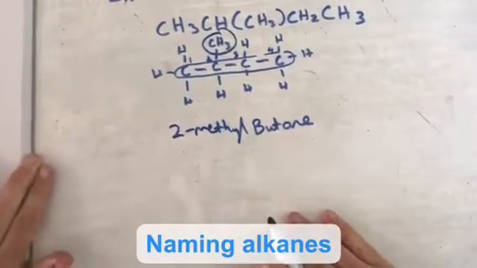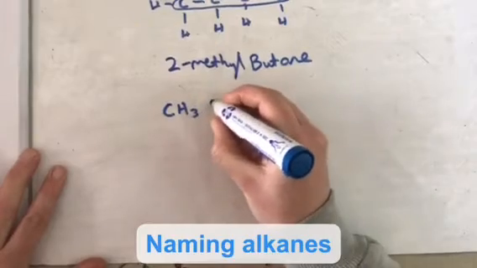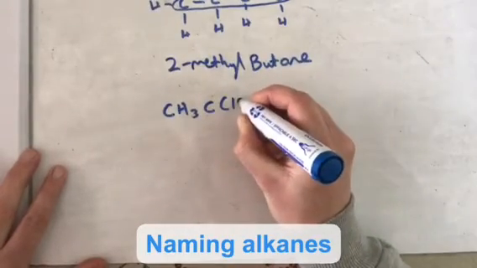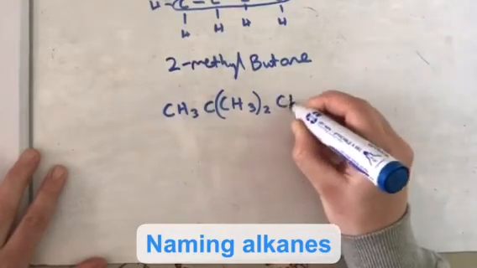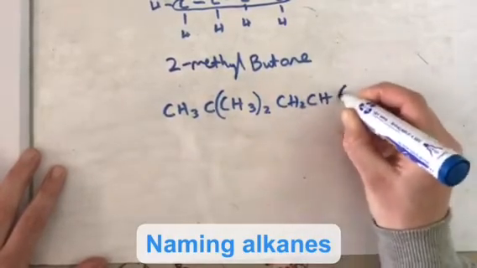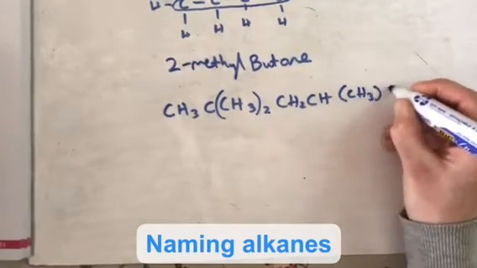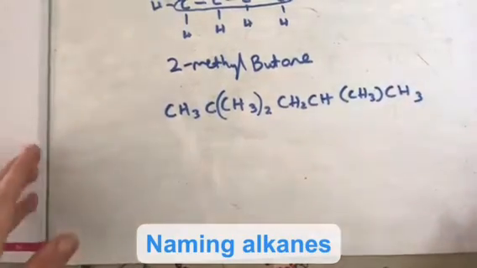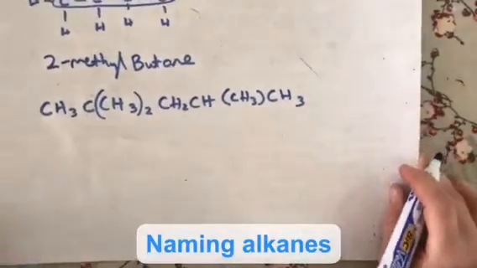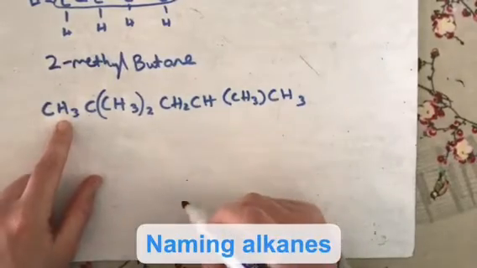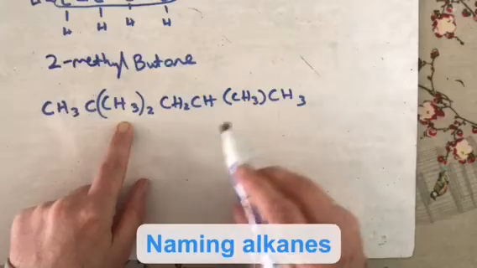Your second one, let's have a go at that one. So again, anything that's in brackets is a branch on our chain. Okay, so CH2, CH bracket again, so CH3, CH3. Okay, so let's have a little look at this one. So we've got CH3, we've got 2 methyl groups here on that carbon, and then we've got another branch here.